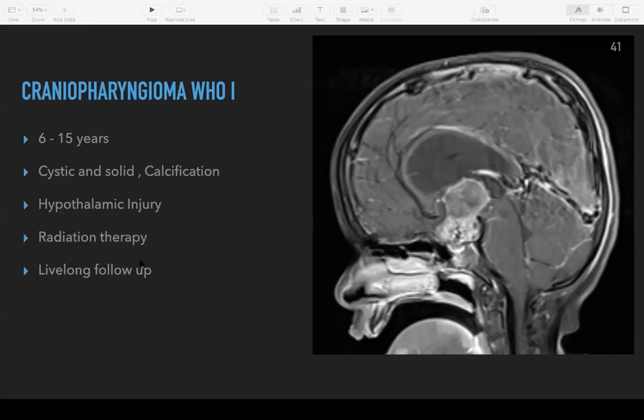The majority of them with radical resection will go on to lifelong hormonal therapy. They will have a sleeping problem. They will have hyperphagia, which means they can't stop themselves from eating a lot. They will have behavioral, psychological, and neuropsychological problems.